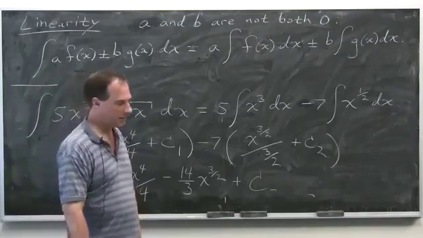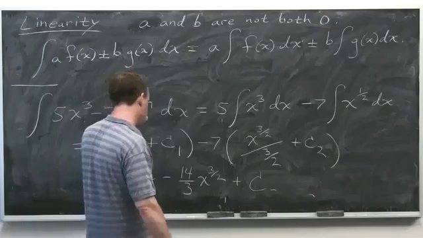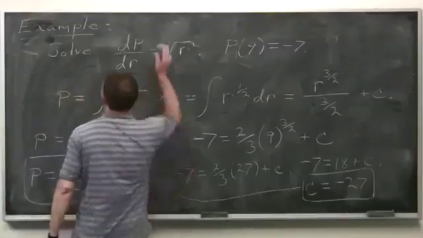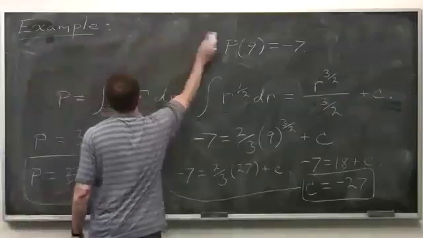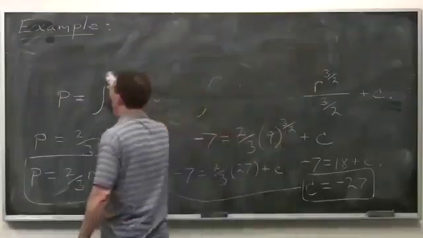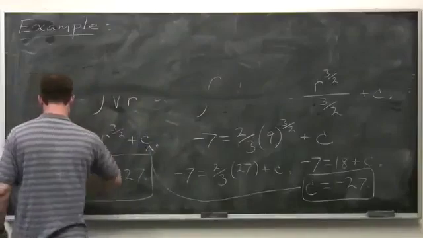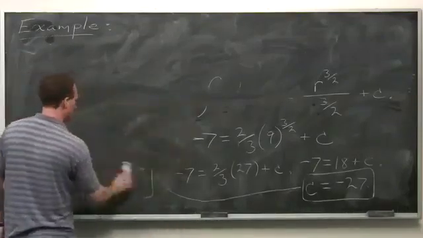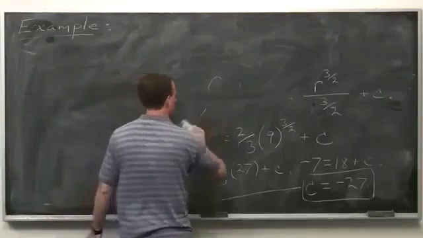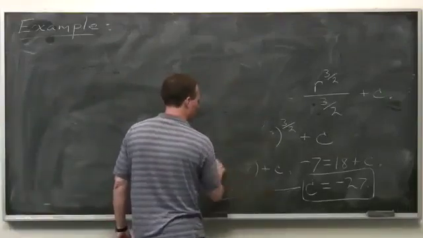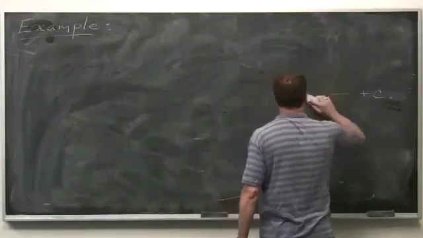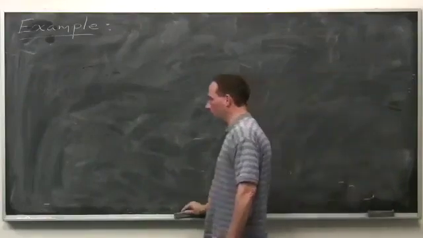Okay, we can already do a very serious physics problem. So why don't we? In physics class, they almost always take the example of something moving with constant acceleration, like maybe the acceleration due to gravity, and you're asked to find the velocity and the position.